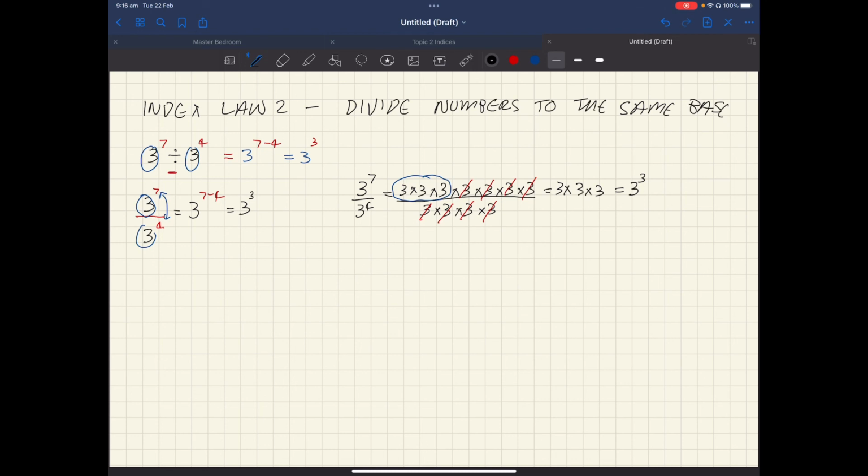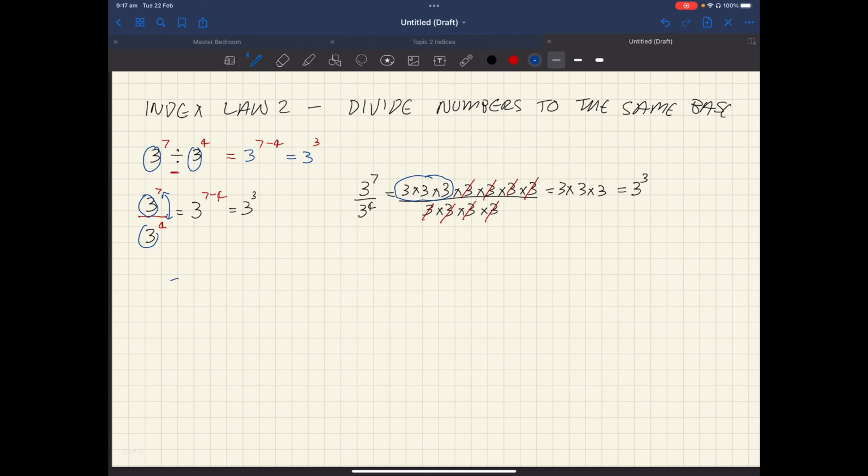So remember, when we divide numbers to the same base, we subtract their indices. A couple of quick examples. 5 to the power of 8 divided by 5 to the power of 3. Same base, 5, we're dividing, so we subtract their indices. 8 minus 3, which is 5 to the power of 5.